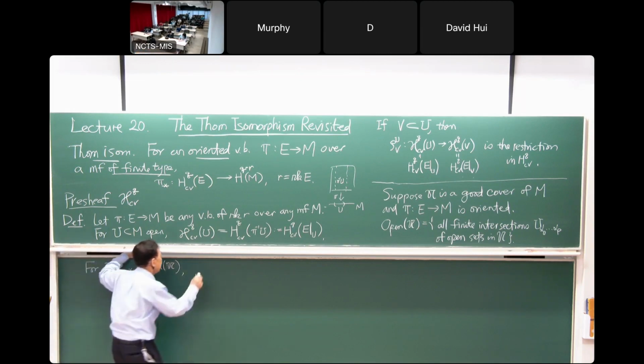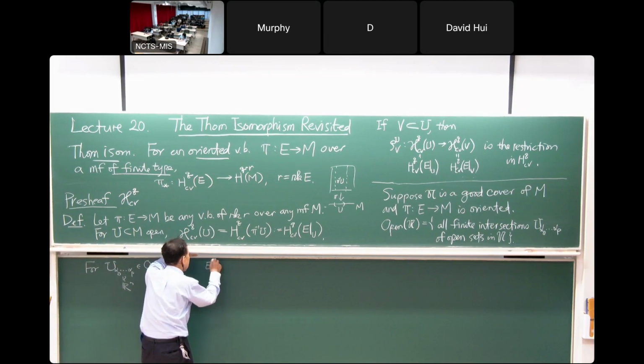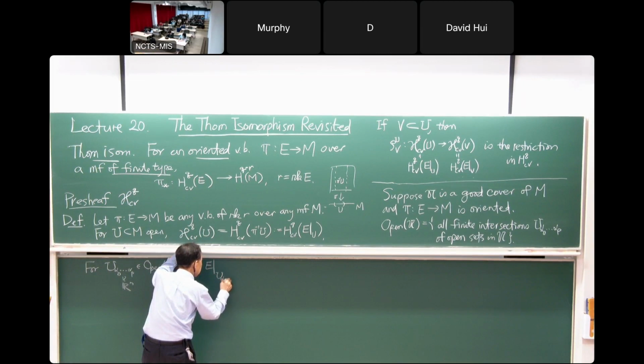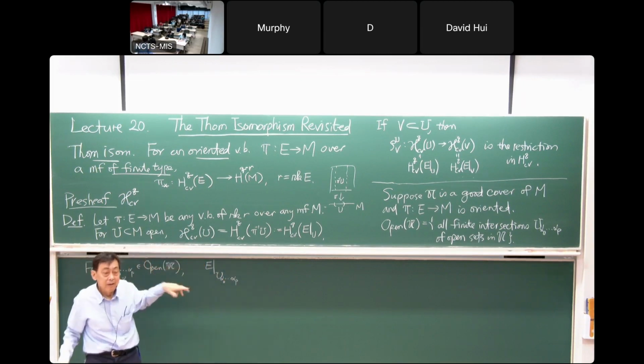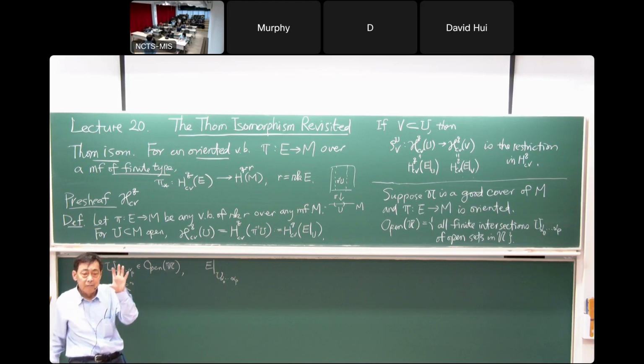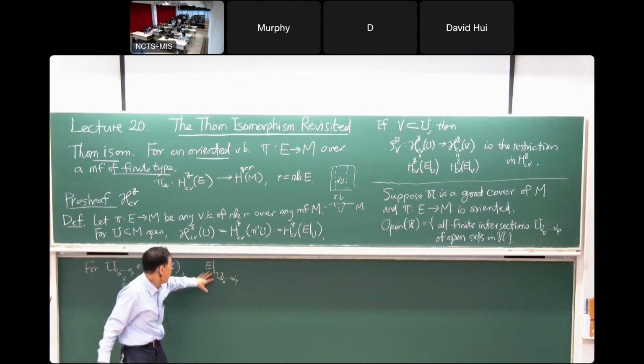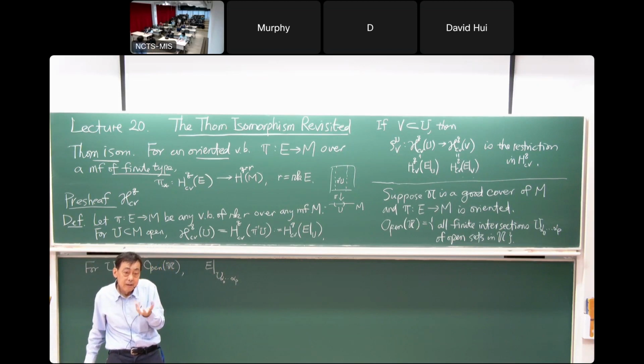So E restricted to this open set is somewhat special, right? What can you say about a vector bundle over a contractible manifold? It's trivial, okay? It's a product.